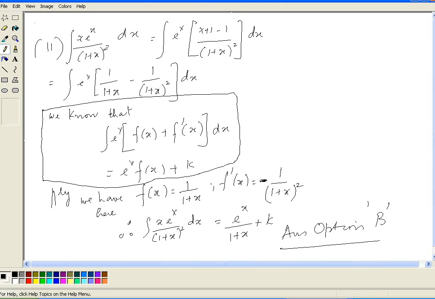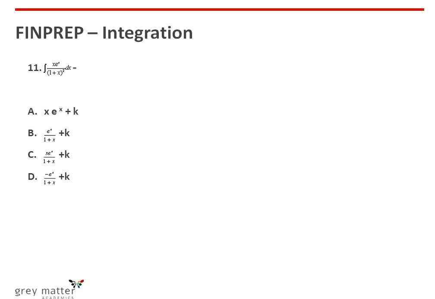So integral of x e power x by 1 plus x whole squared dx boils down to e power x f of x, and we took f of x as 1 by 1 plus x. So the final answer is e power x by 1 plus x plus k. Answer is option B. Going to our PowerPoint presentation, it is B, which says e power x by 1 plus x plus k.